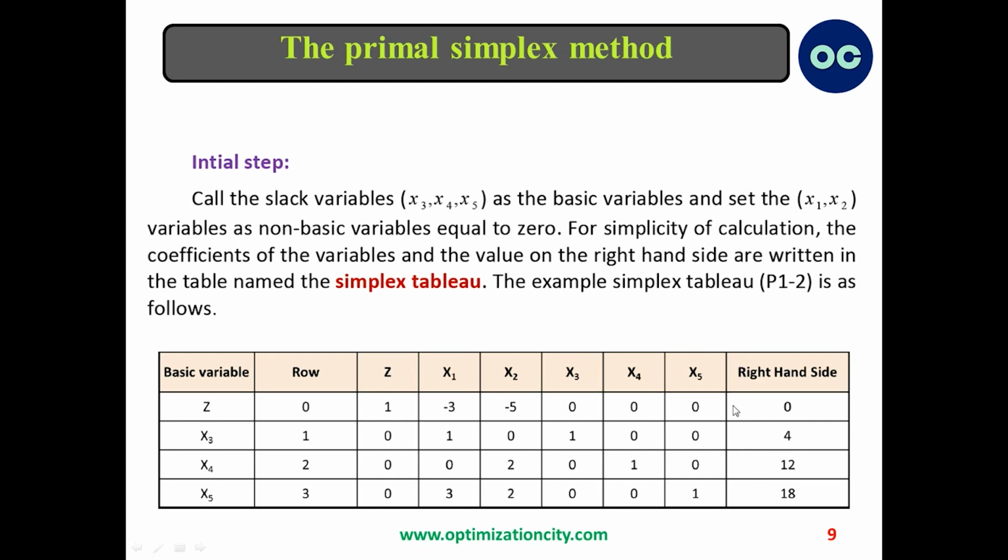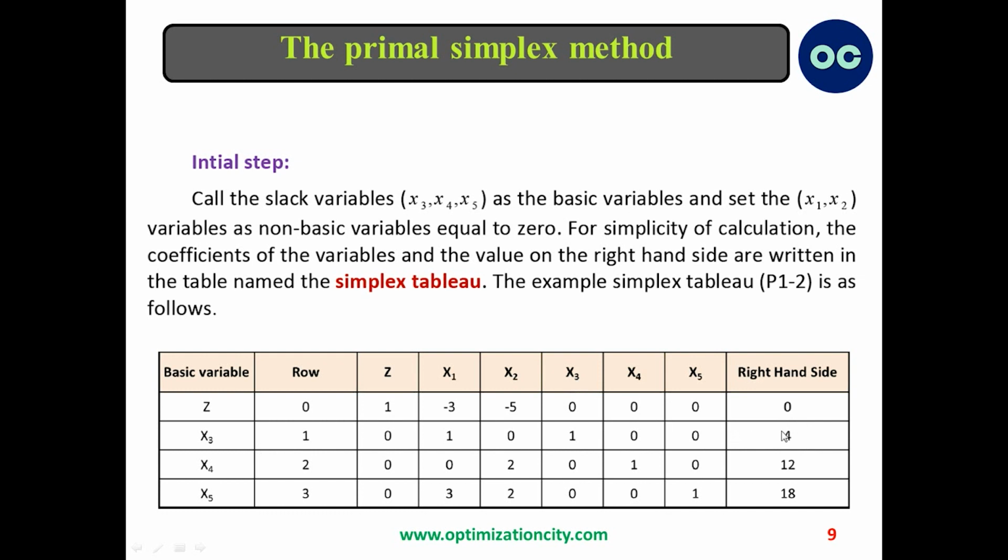Since each equation contains a basic variable with a coefficient of +1, the value of each basic variable will be equal to the right-hand side. So this is the basic variable of the first row, and this is the value of the basic variable x3.